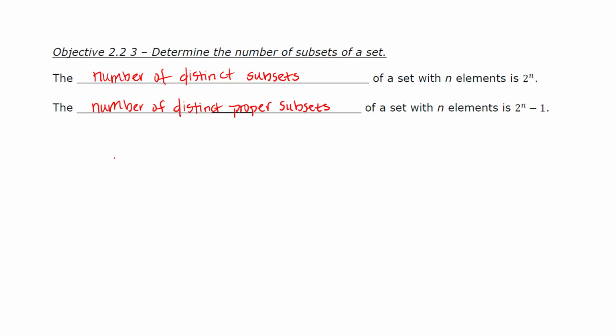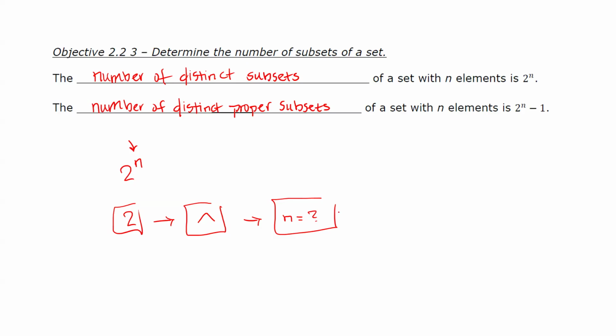If you are using your TI-83, 84, or 84 Plus, to get the power, you would press 2, then the caret button, and then whatever value n is that you are looking for, whether it's 2 to the first power, 2 to the second power, and so on, to get the value that represents that expression.